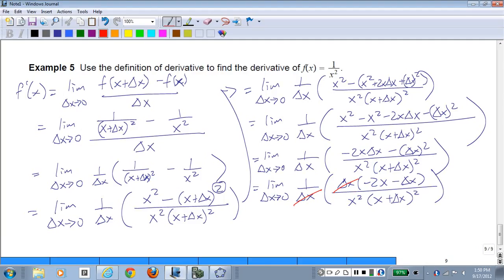As soon as we do that, the denominator is no longer approaching 0. So we can evaluate this limit using direct substitution. So I'm going to write the simplified form, and then we'll use some direct substitution.